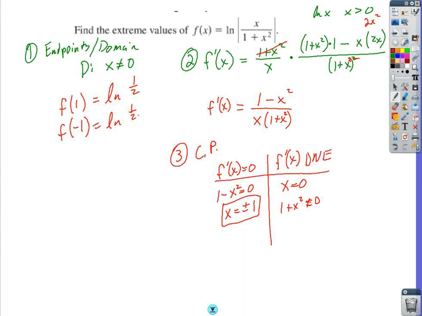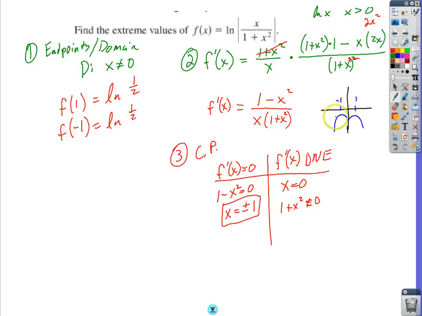And again, without having other tools at my disposal, I do need to graph this. So in graphing this, what I find out is my graph looks a little something like this. Here I am at negative 1. Here I am at 1. What does that mean?